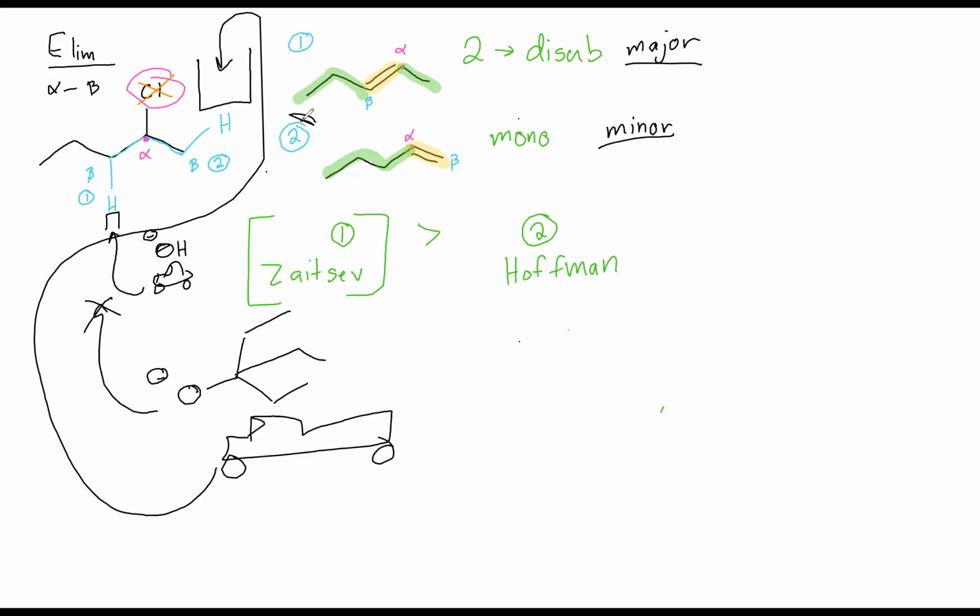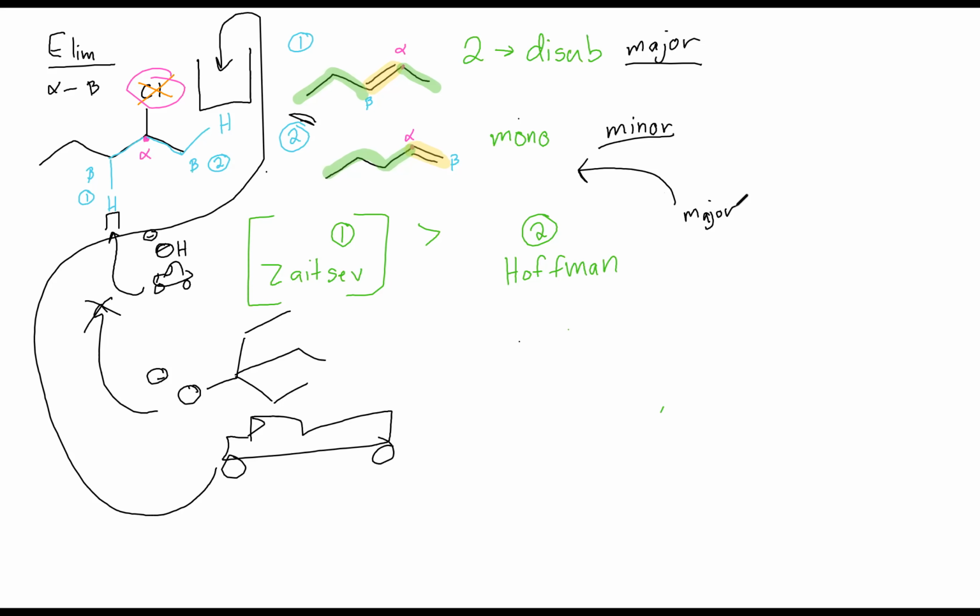How did you determine which hydrogen was bigger? Well, the less substituted hydrogen has the bigger parking space, okay? So that means that when we have a bigger space, the big base has to fit into the less substituted hydrogen, which thus makes the Hofmann product our major product. Okay?